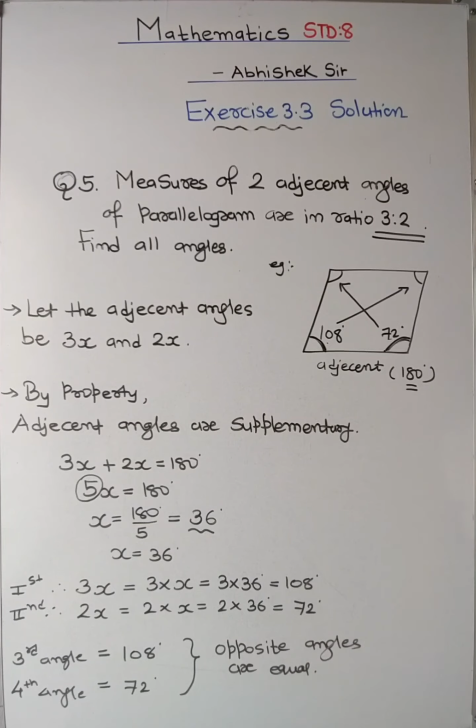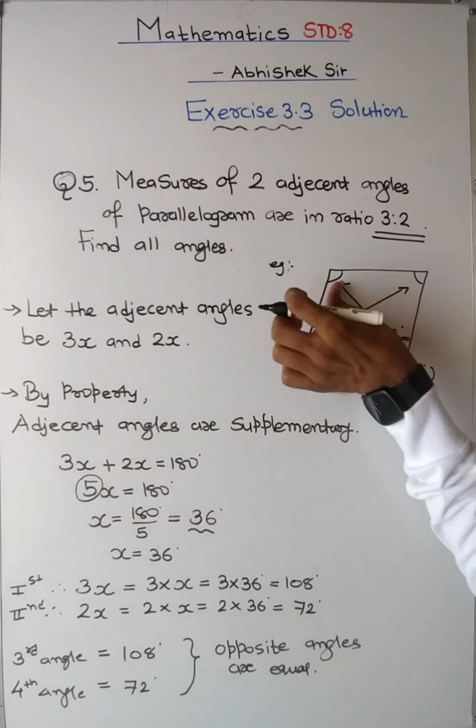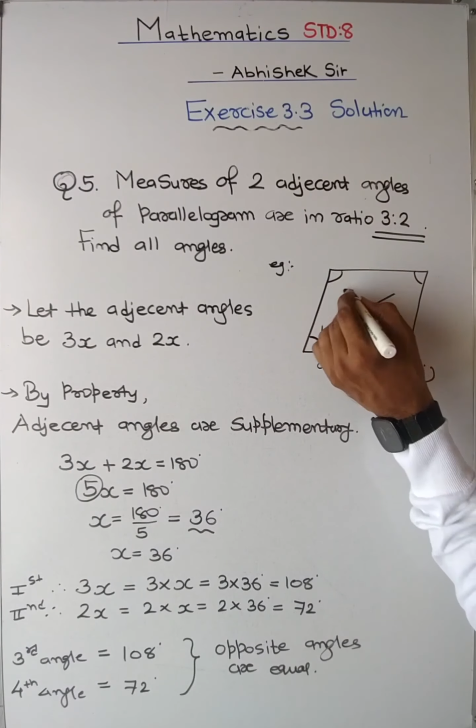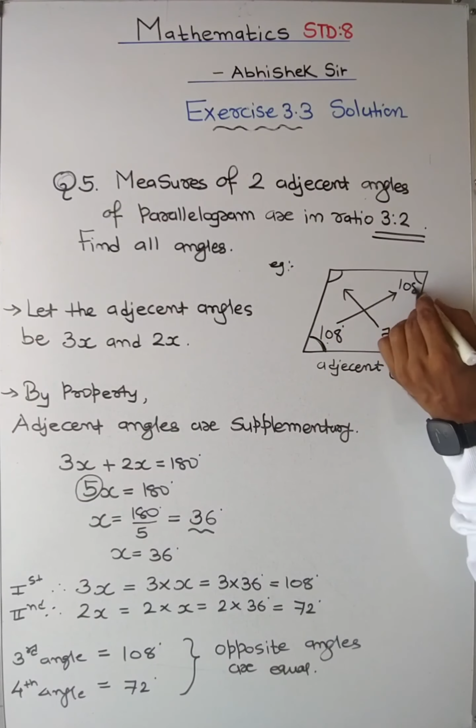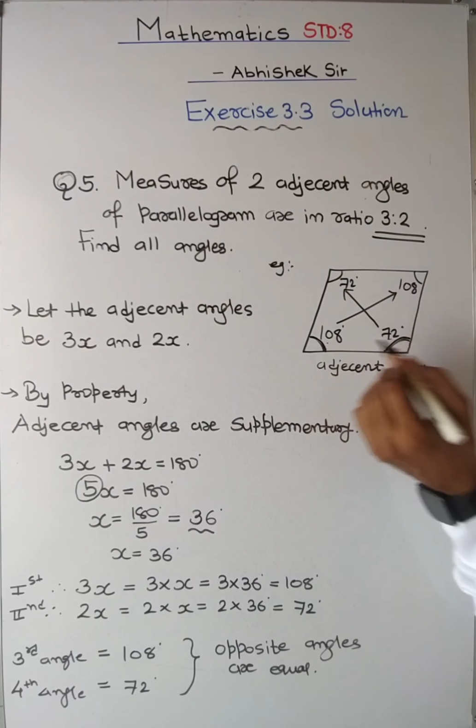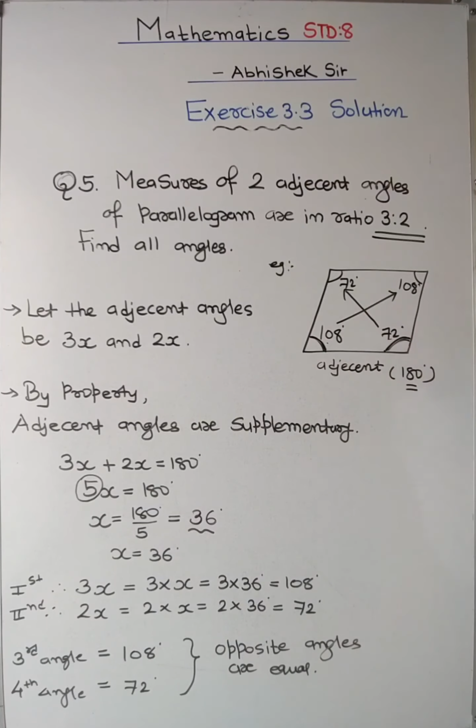So the third angle is 108 and the fourth angle is 72. This is how you will solve the question if ratio is given. So we have got our answer 108, 72, 108 and 72.